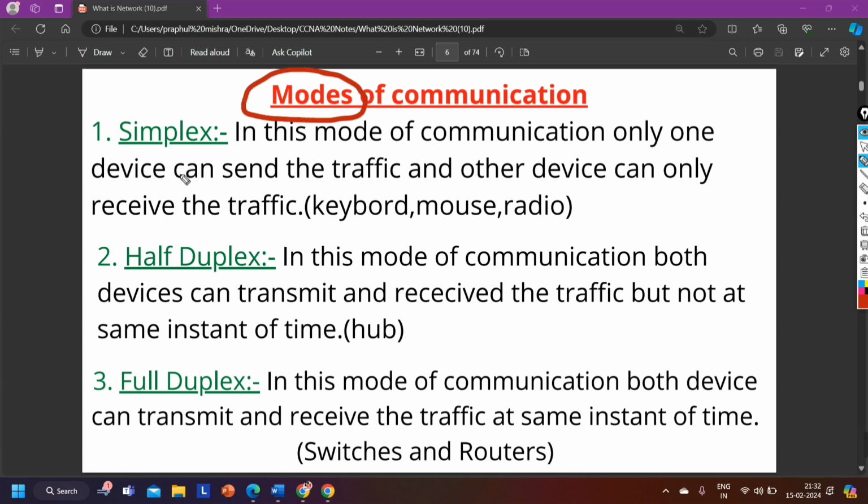Mode means how we are going to send the data. So modes of communication means how many ways we have for communication. We have 3 ways: simplex, half duplex, and full duplex.